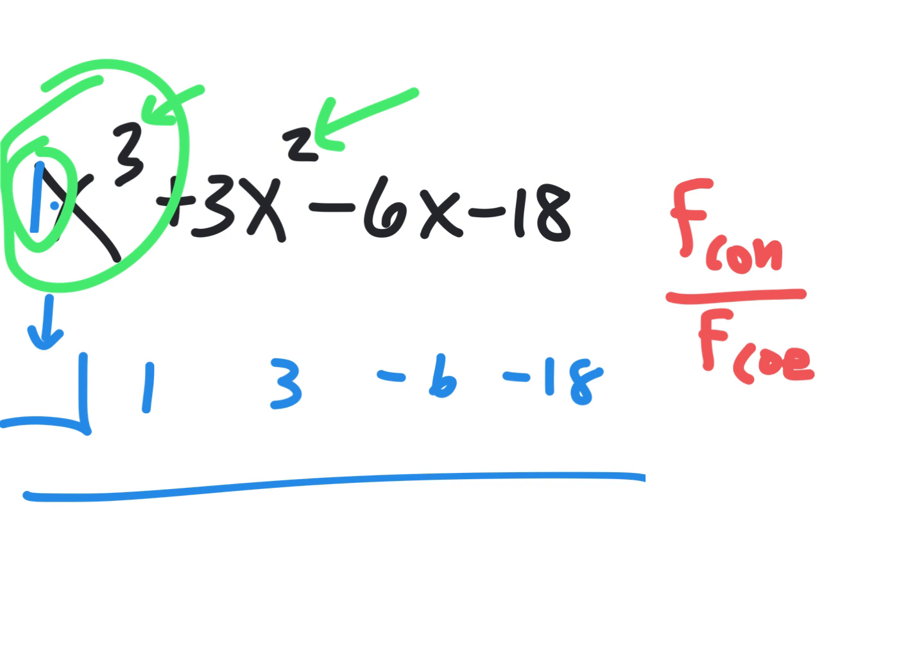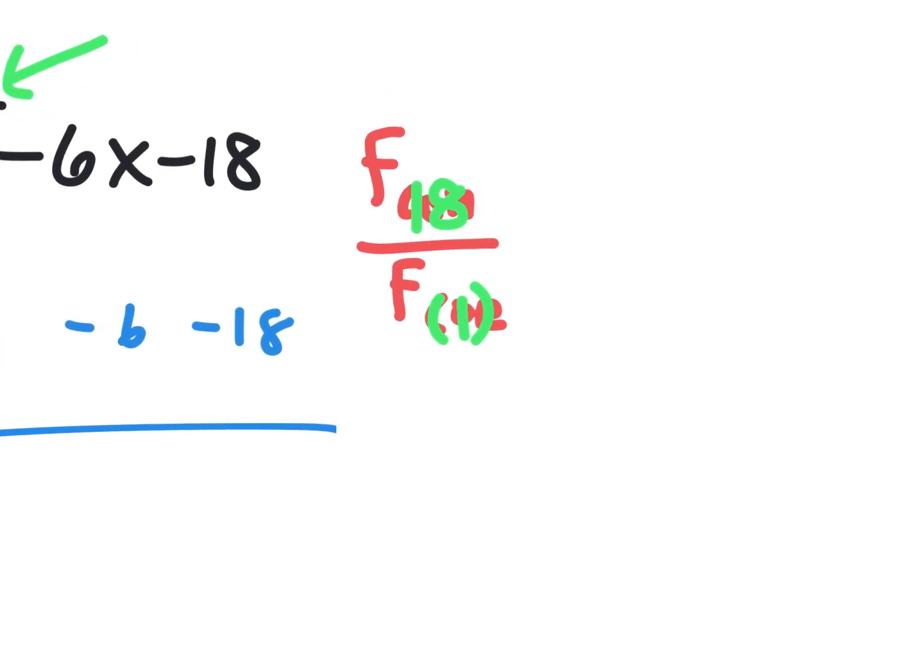So it's the factors of the constant, which in this case is 18. Don't worry about the negative. I'll explain later why. And the factors of the coefficient, which is really just 1. Well, that's incredibly easy because the factors of 1 is just 1. Would you agree the factors of 1 is just 1? There's only one factor of 1.